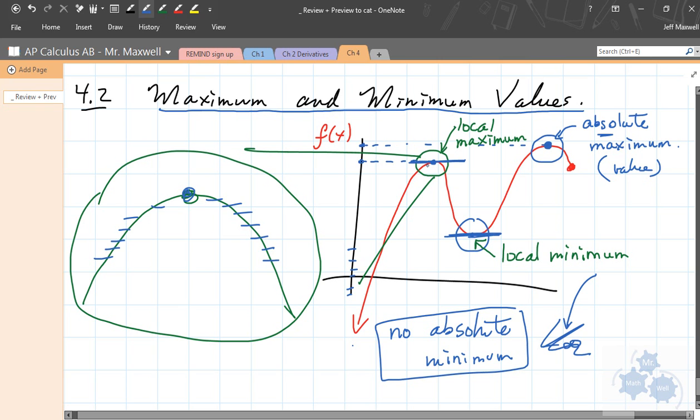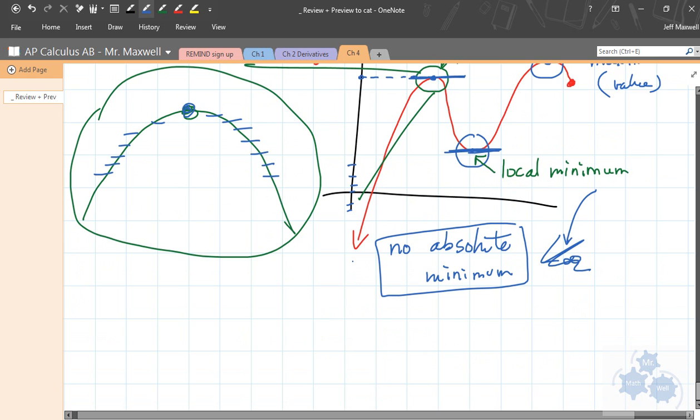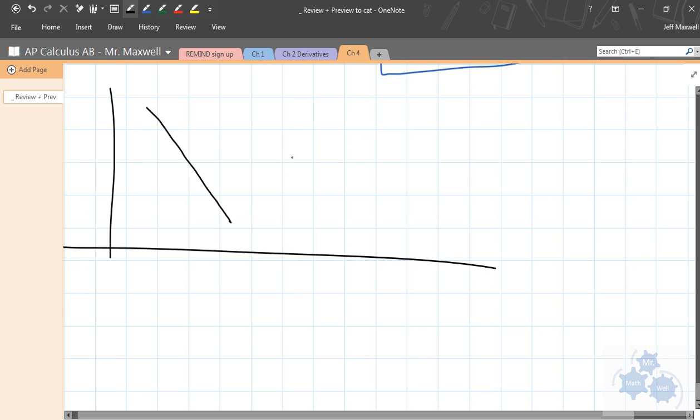The exception would be, and I haven't covered this yet, if we have local maximums or minimums for a graph, but it looks like this. This would be a graph of an absolute value function, right? It's sort of a line that gets reflected, and it's been translated over and up.